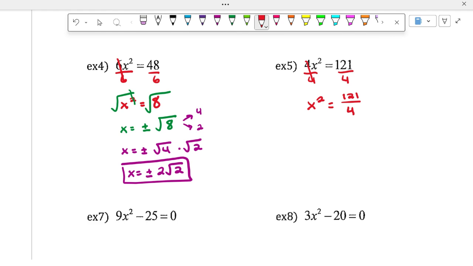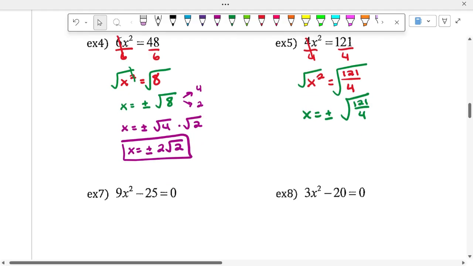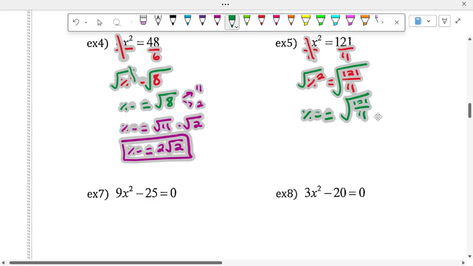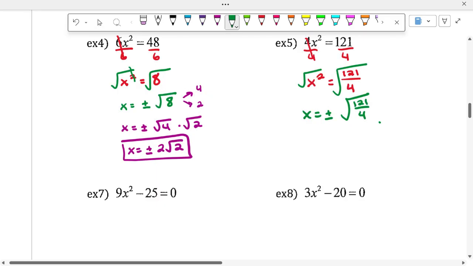All right. What's my next step, Kaylee? Well, I'm at x squared, so how do I get rid of it? We take a square root. Good. So I have x is equal to plus or minus the square root of 121 over 4. Now, guys, from here, what can I do with this square root of a fraction?